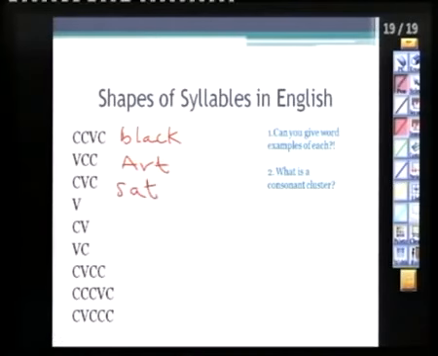You have V, just like I. Okay, look at this. I cannot say, for example, you have a vowel, then you have a consonant, then you have a vowel. No. We don't care about the spelling. What we care about is the transcription. I look at the transcription. How many vowels and consonants I have? 1 vowel in I. CV, just like me. We gave you an example. Now, VC, just like at. Right? Then you have CVCC, just like park.